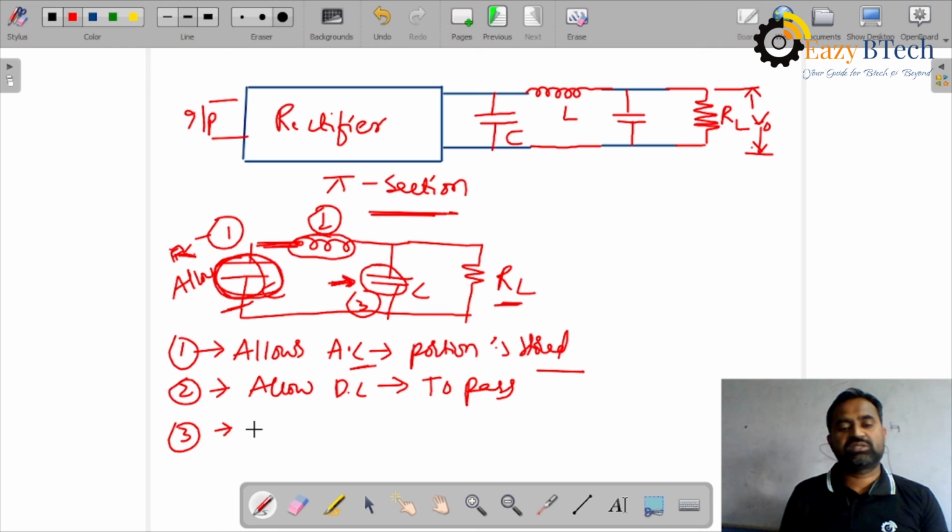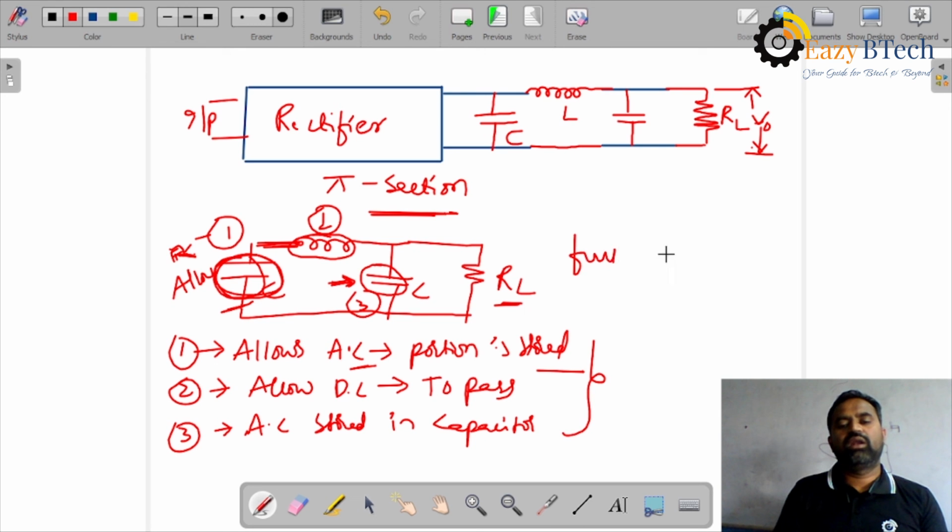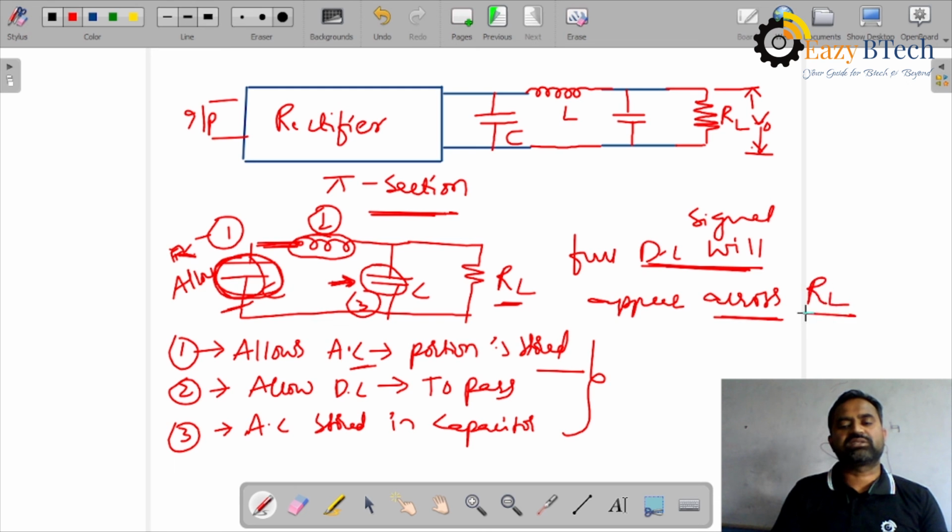If there is any chance AC is present, AC will be stored in the capacitor. Okay. Full DC signal will appear across the load resistance. This is perfect.